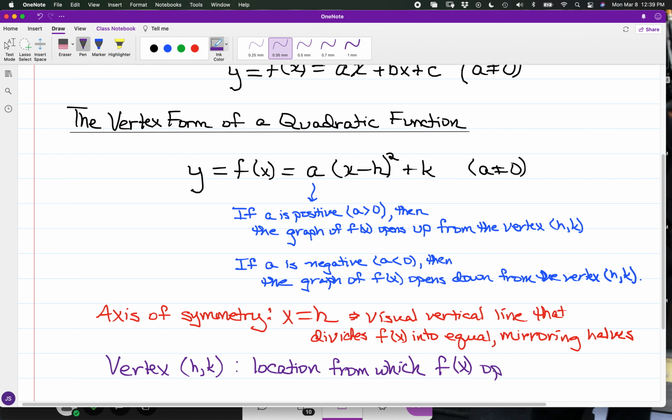So again, this is your quadratic function, a second order function. This is the standard form, and we'll be looking at translating between standard and vertex forms.